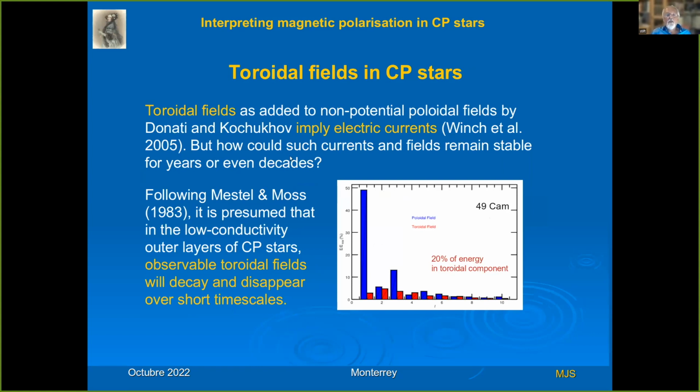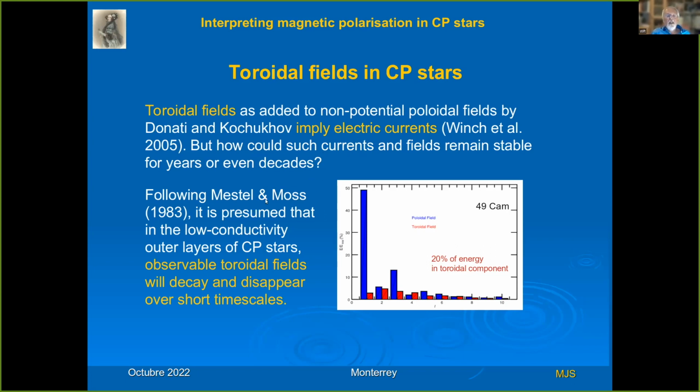Just a few words on toroidal fields. If you look at the classical paper of Wintzen et al. in 2005, toroidal fields imply electric currents, and there it's the same. These electric currents, how can these fields created by these currents remain stable for years or even decades?